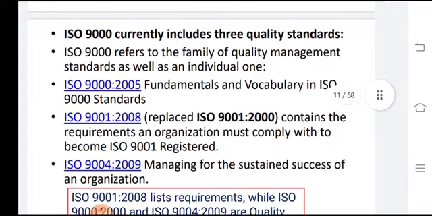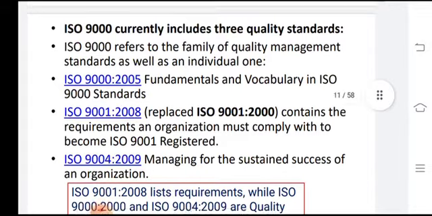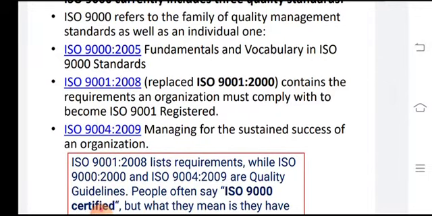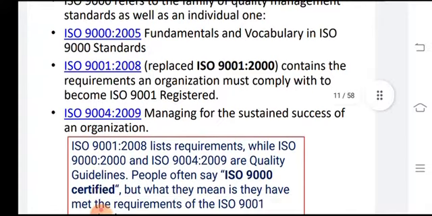So starting with the fundamentals and vocabulary of ISO 9000 standards, and then as we talked earlier, ISO 9001:2008, which contains requirements an organization must comply with to become ISO 9001 certified, registered.